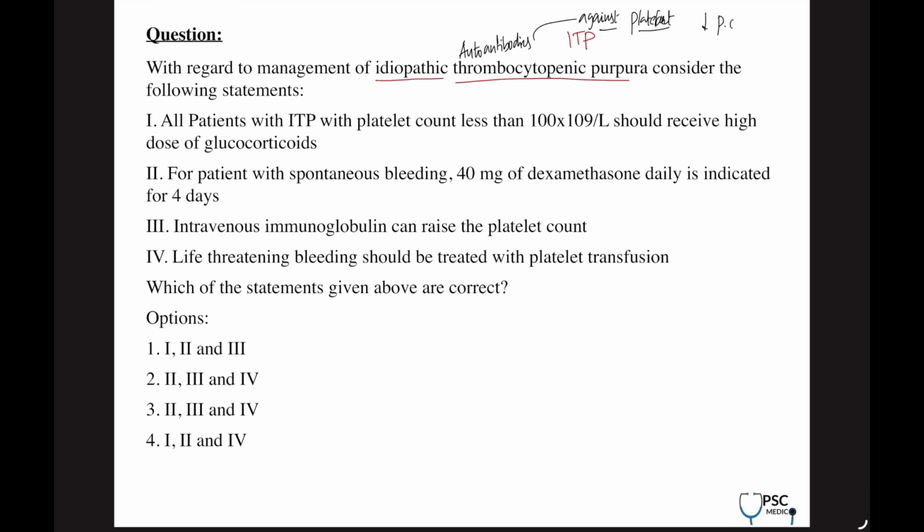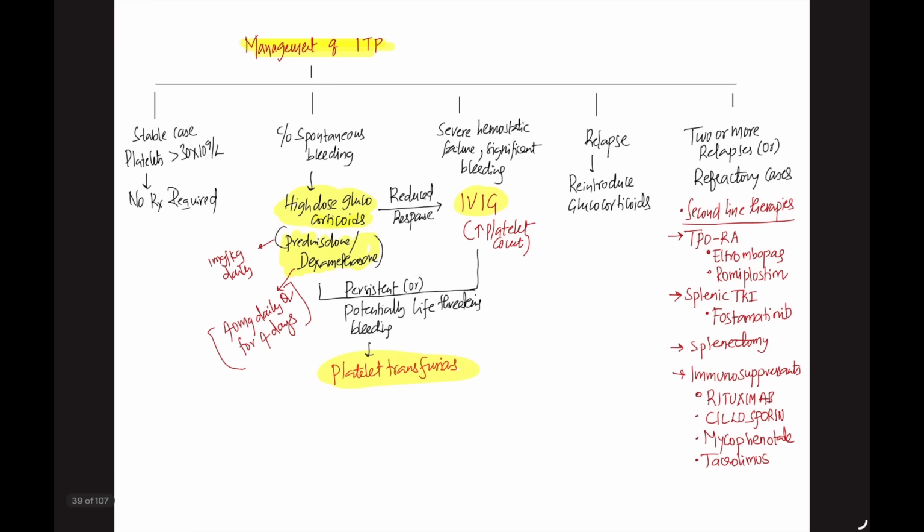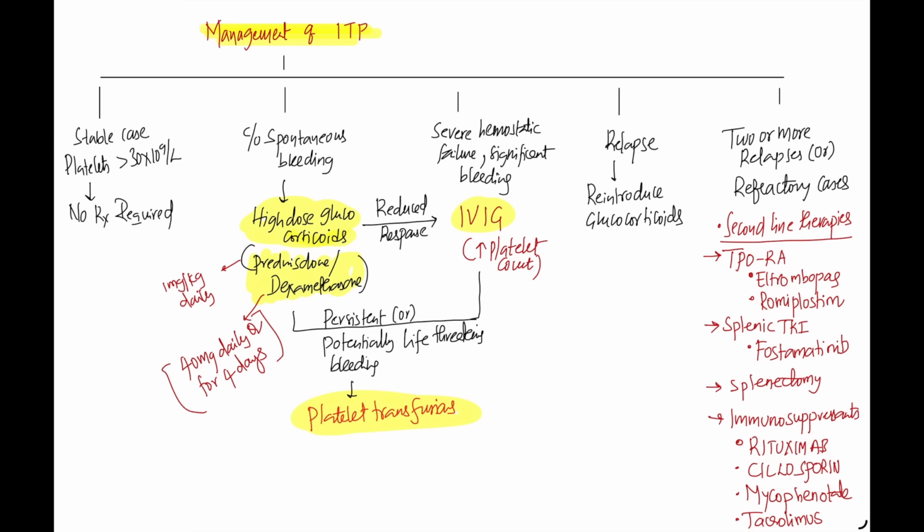Now, how do you manage this? Logic is simple. Whenever you see a case of immune thrombocytopenic purpura, first see whether it's a stable case or there are complaints of spontaneous bleeding. If it is a stable case and platelets are more than 30 x 10^9 per liter, then you don't have to worry. If the count falls below 30 x 10^9 per liter, or if there are complaints of spontaneous bleeding, then only you need to treat this case.